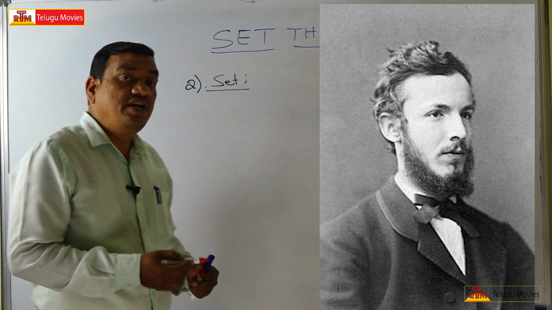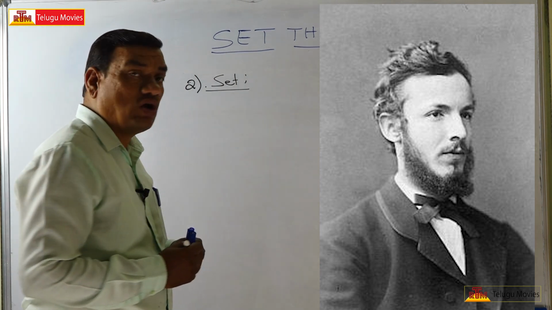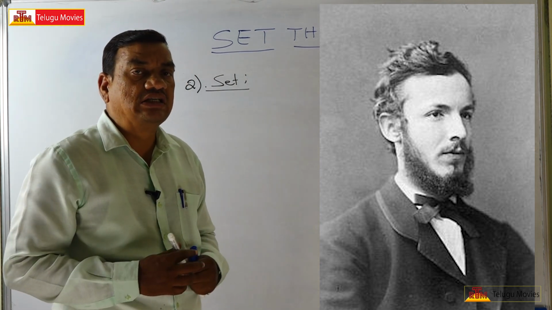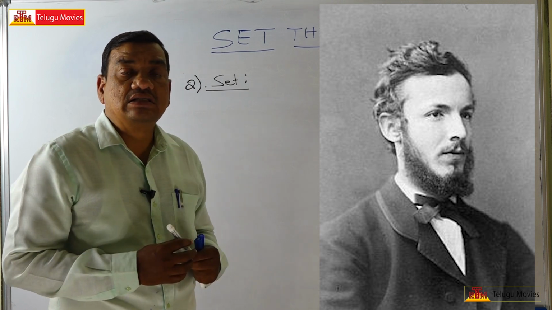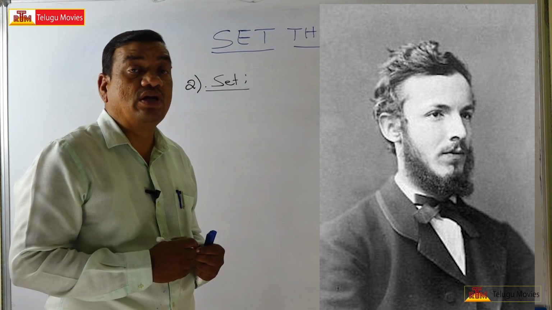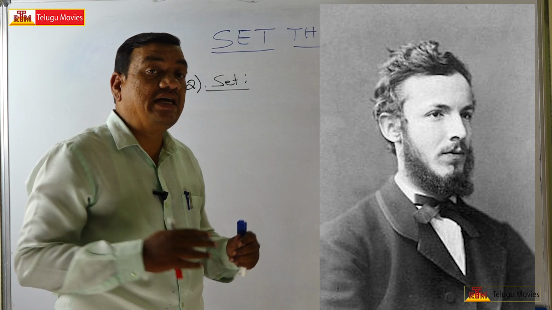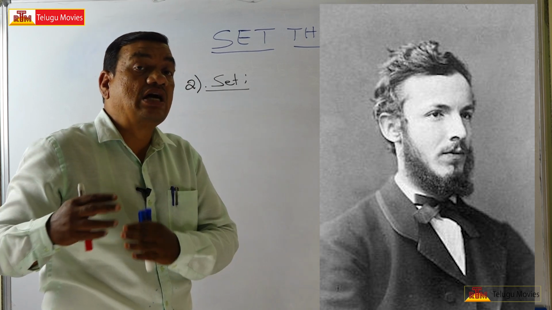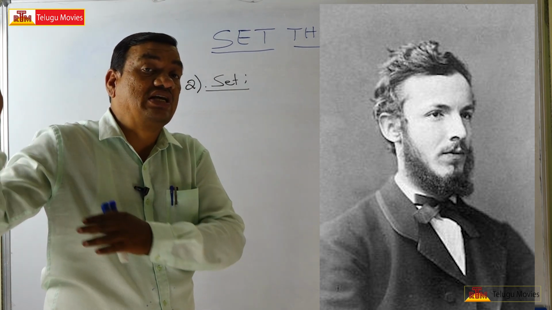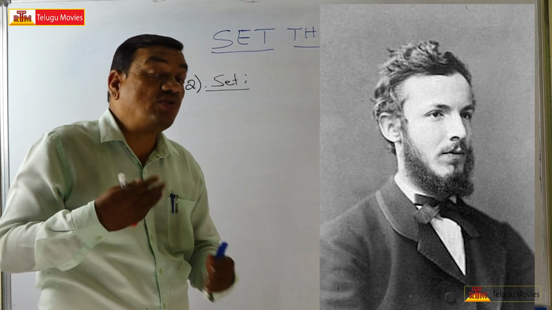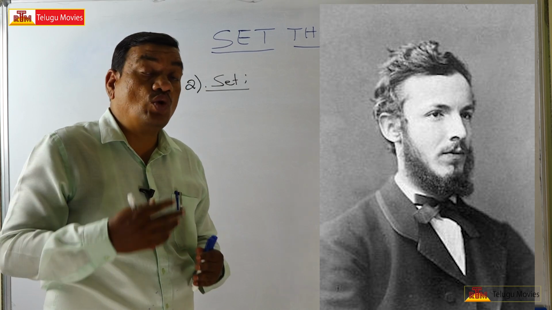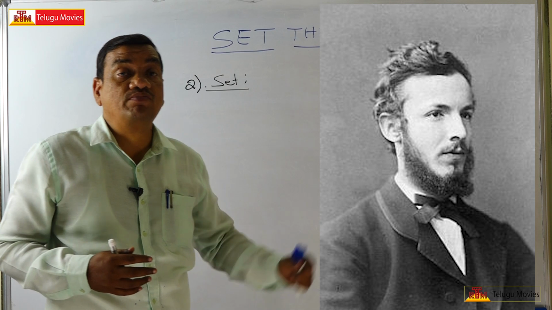When he introduced this set concept, everybody thought that it is not a chapter which belongs to mathematics. They thought this belongs to some philosophy, psychology, like that. But afterwards, everybody came to know the importance of this set theory.